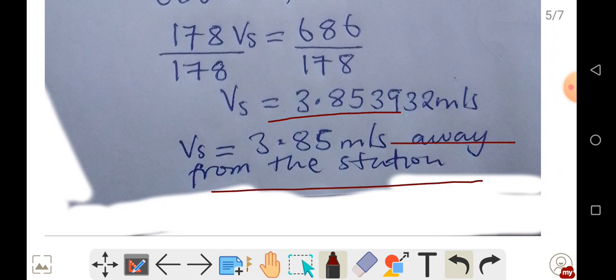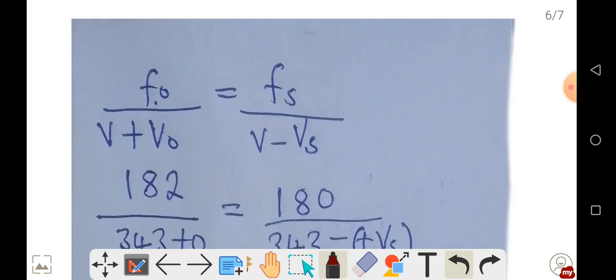It's very important to pay particular attention to such terms. So let's also look at when we consider the observed frequency to be 182. When the observed frequency is considered to be 182, we will continue using this formula.